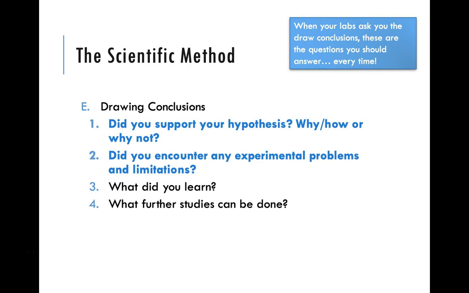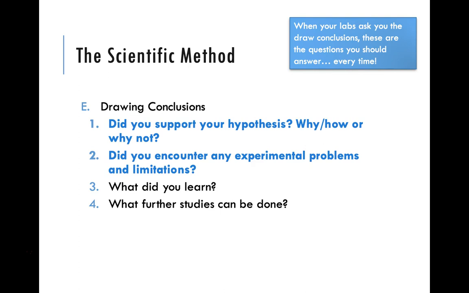So the first is, did you support your hypothesis? This is a yes or no question, and it should be stated as a complete sentence. Yes, I supported my hypothesis, but that's not enough. How or why not? So if you supported it, what specific data leads you to believe that you have supported it? Or if you have not, why not?